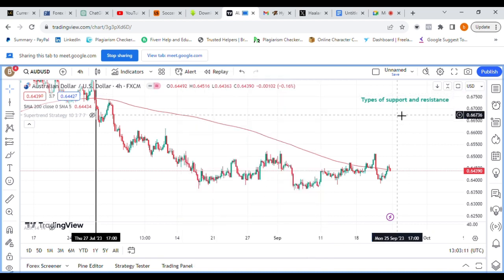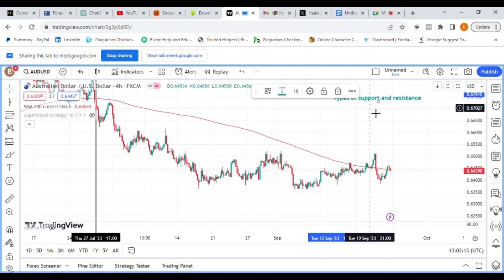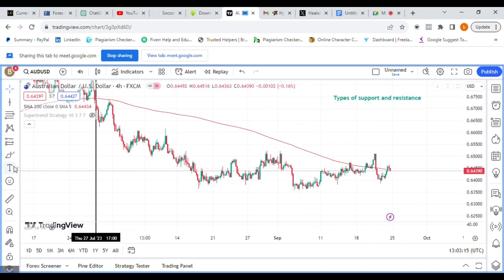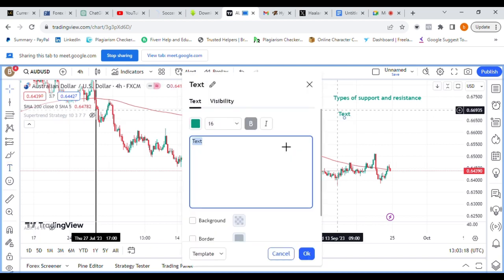So these types of support and resistance will have number one, the horizontal, and there's dynamic, and there's trend line.